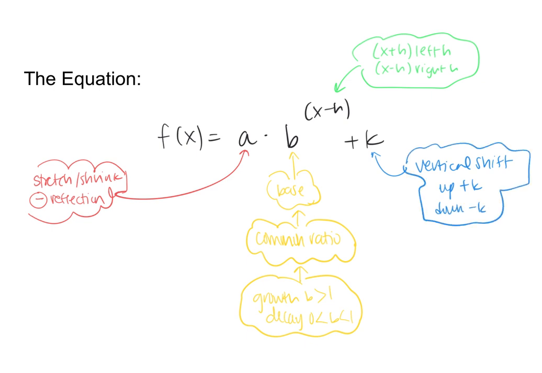So this is the basic form of an exponential equation, which helps us understand how the graph can move around. One thing we want to talk about right here is that this k value is the horizontal asymptote. It's located at y equals k, which is a horizontal line at whatever that k value is.